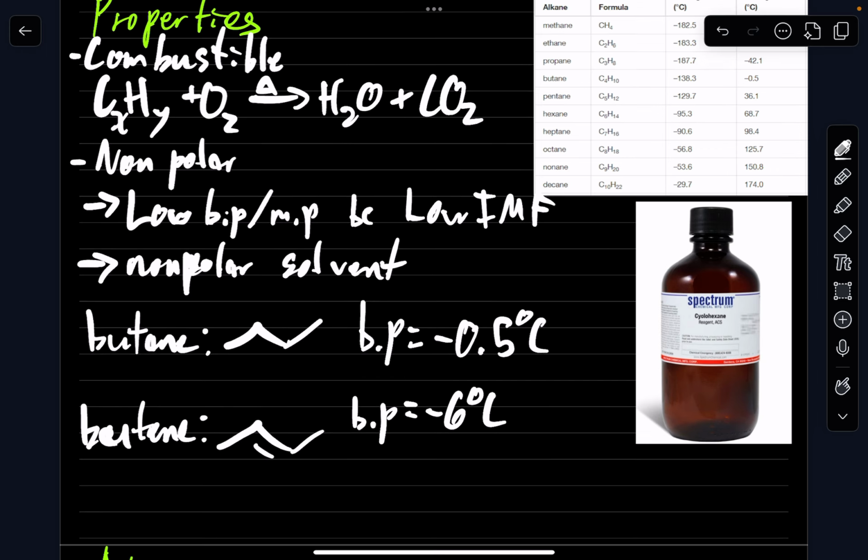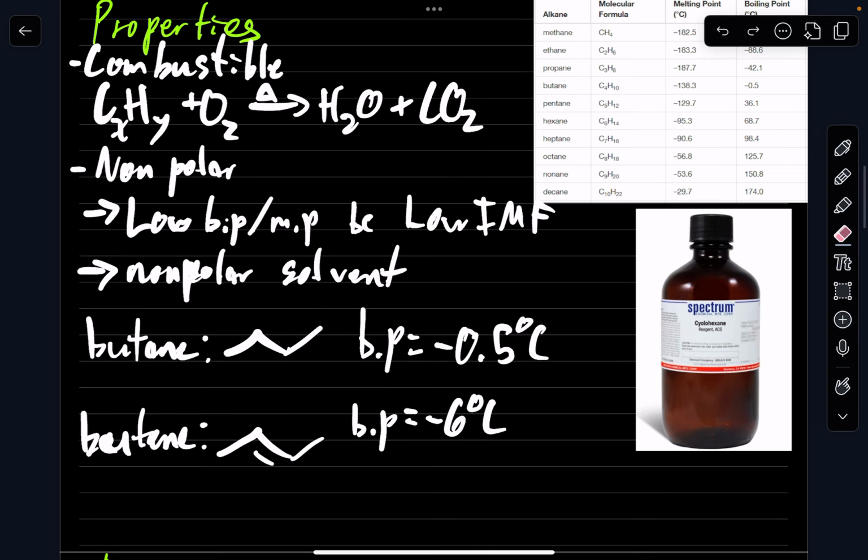And this is because butene actually weighs a little less than butane, because this double bond is preventing it from having 2 extra hydrogens, because it's an unsaturated hydrocarbon. And since butene is lower in mass, it will have less van der Waals forces, which makes it have a lower boiling point.